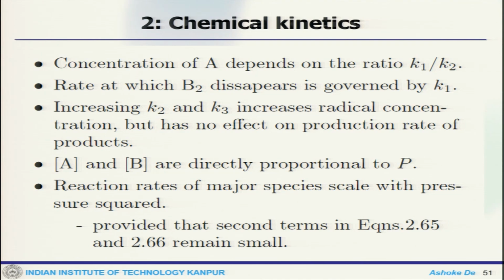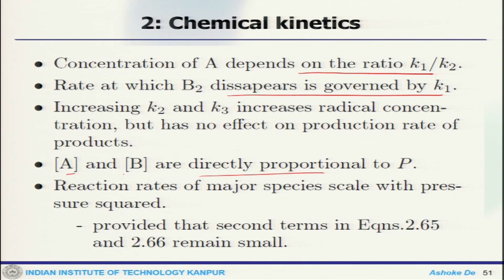Now the concentration of A depends primarily on the ratio of K1 and K2, and the rate at which B2 disappears is also governed by K1. Increasing K2 and K3 increases radical concentration, but it does not have any effect on the production rate of the products. The concentrations of A and B are directly proportional to pressure, and the reaction rate for major species scales with pressure.